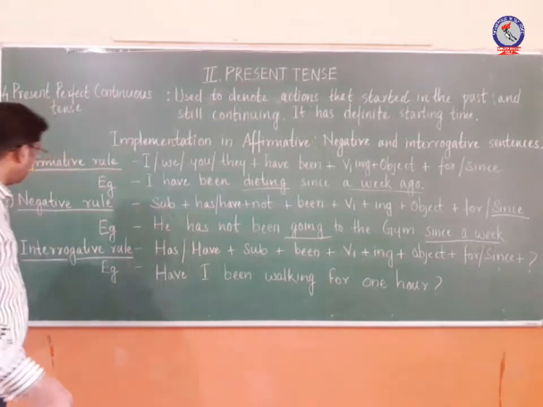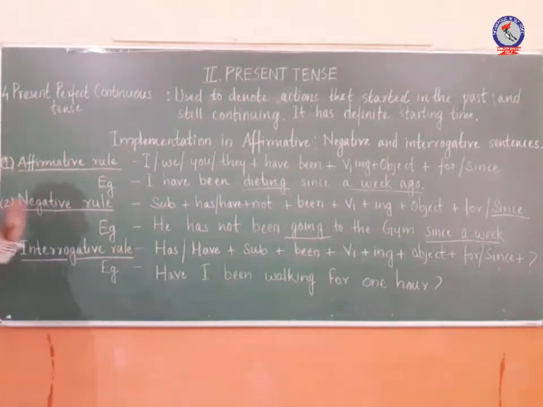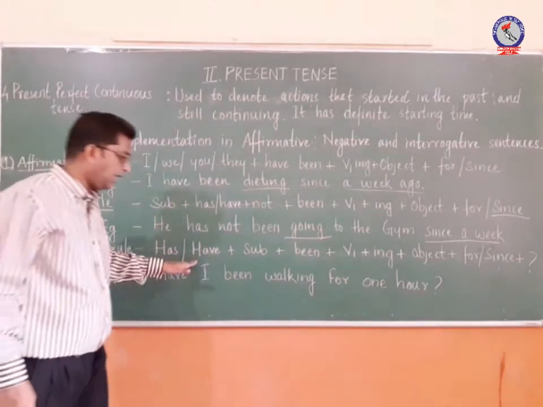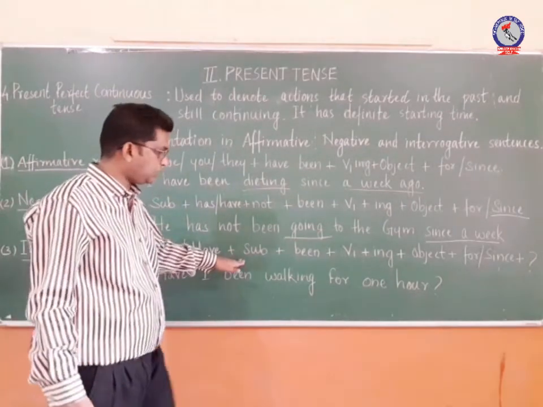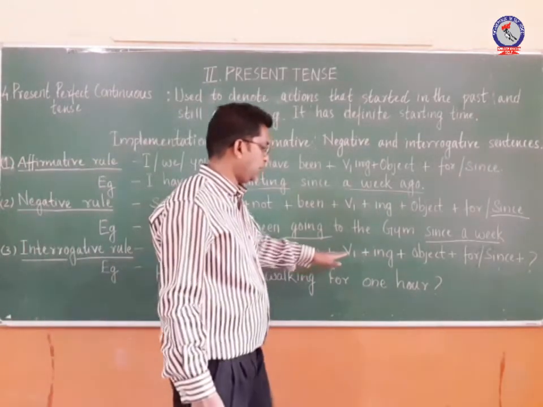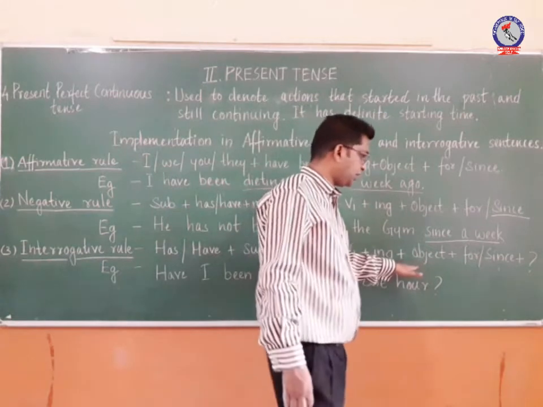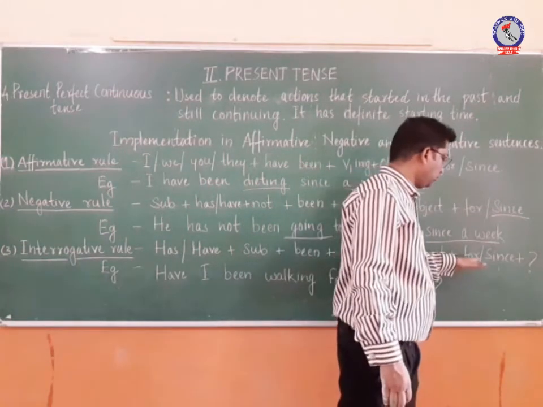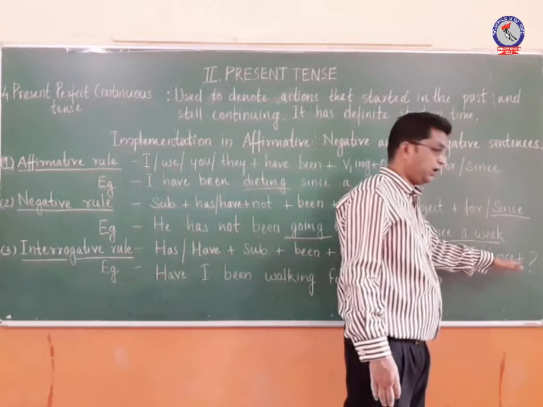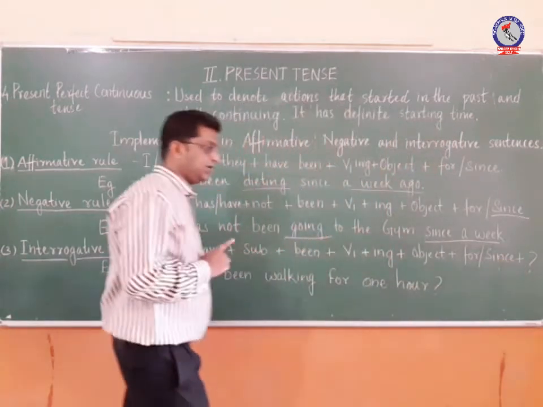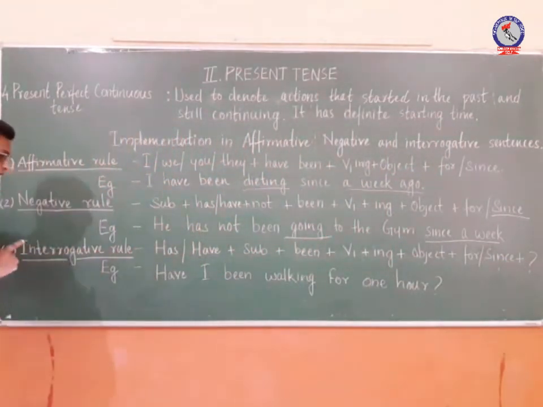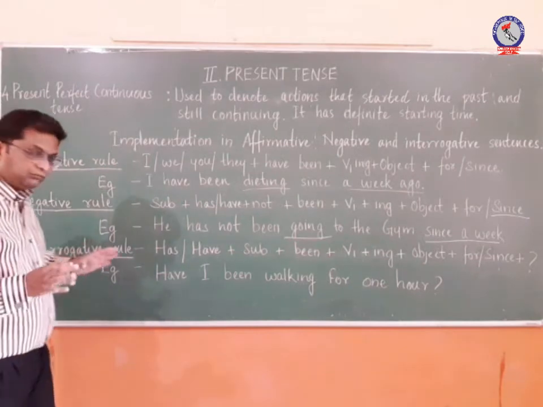Now let's see the interrogative rule. Has or have plus subject plus been plus V1 plus ing, plus object, plus for or since, plus question mark. This is the rule of interrogative. Let's frame a sentence.